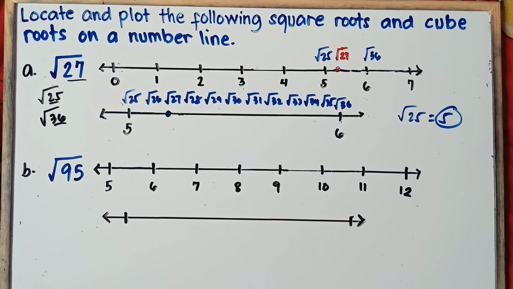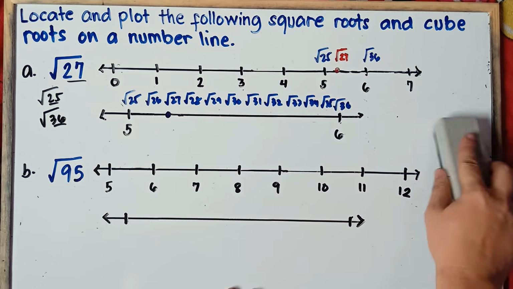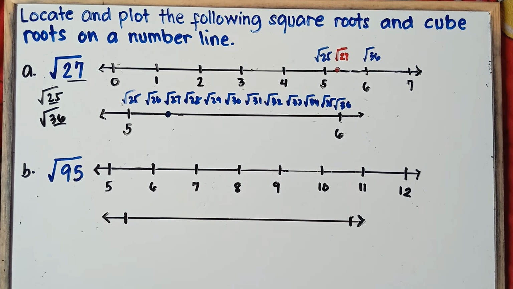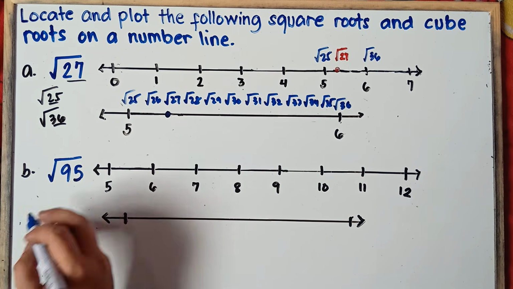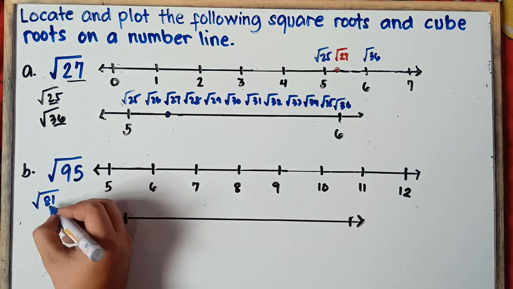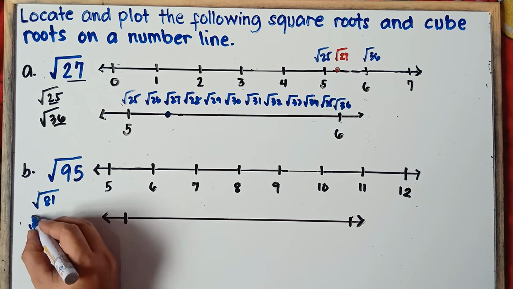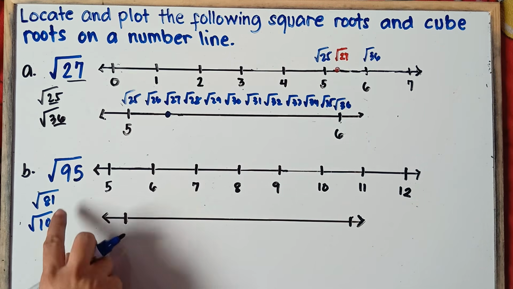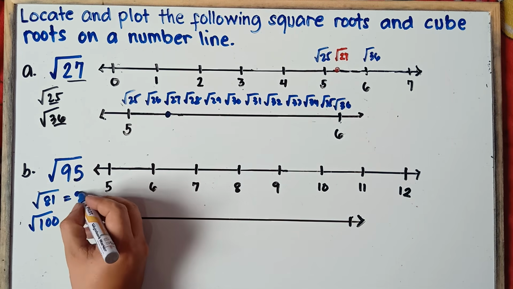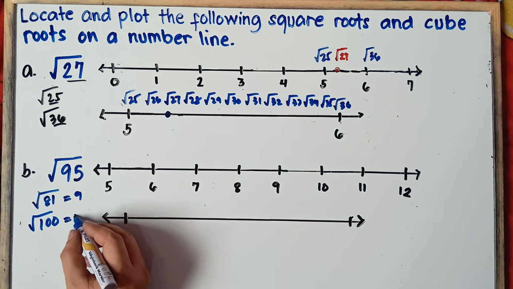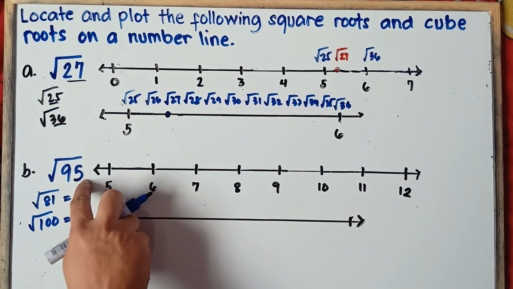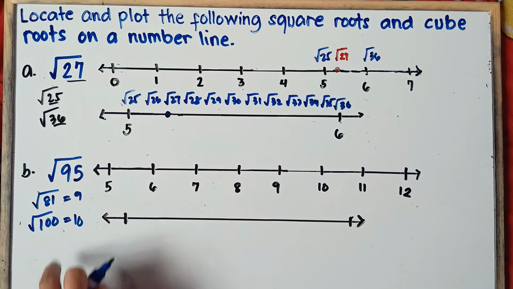Let's try letter B. So square root of 95. What are those perfect squares, class, near to 95? Of course, that would be, what's the answer, class? That's correct. That would be square root of 81 and then square root of 100, right? The square root of 81, that is 9, and then the square root of 100, that is 10. And 95 is in between 81 and 100.